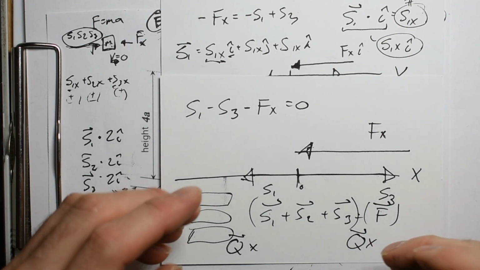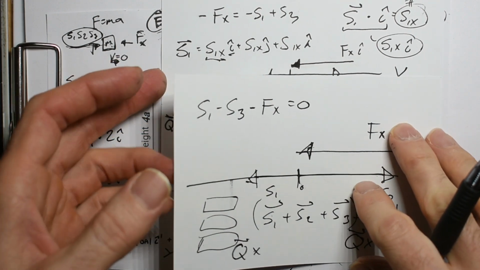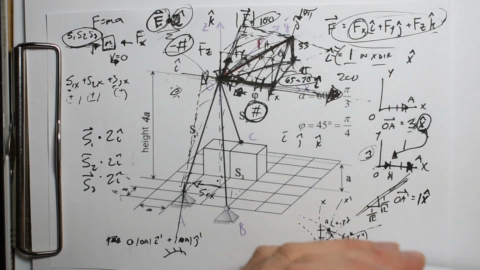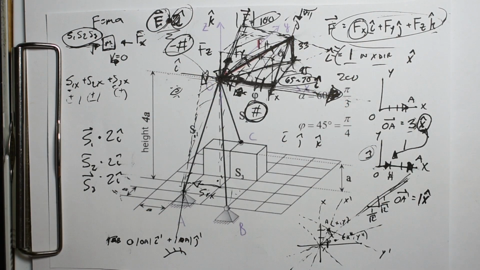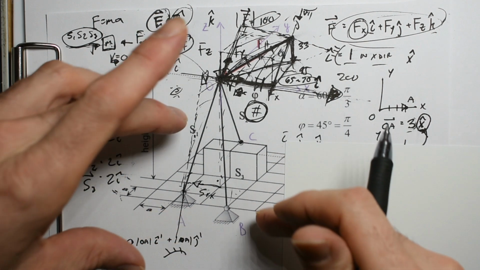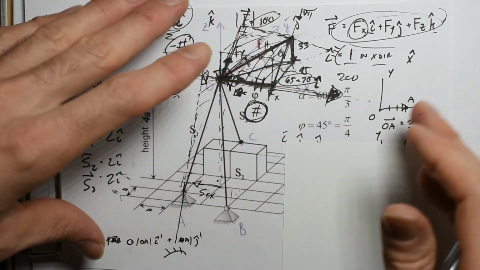I don't think so, but I'm not going to try to explain that. Because the solution to this problem, and sorry it's so busy, but we're going to be done hopefully fairly soon. You have your system of equations, S1, S2, S3, and then F, and those are going to be equal to 0.